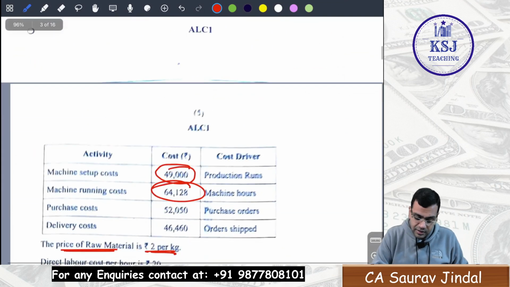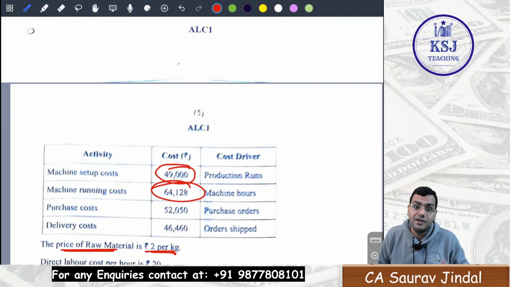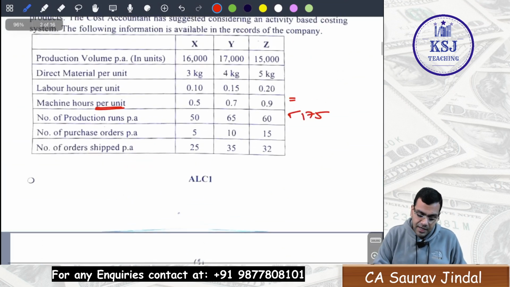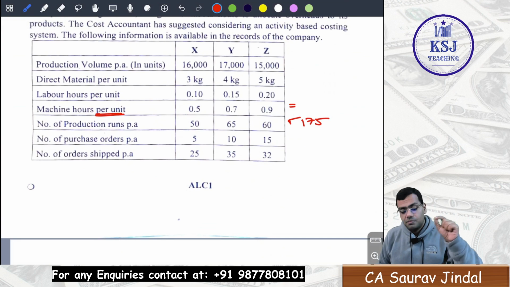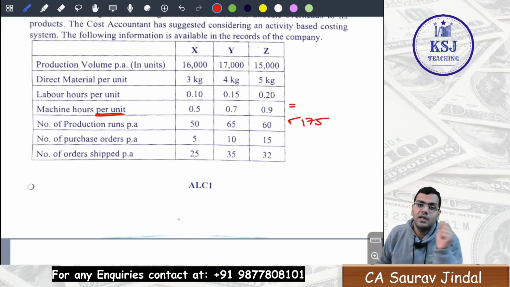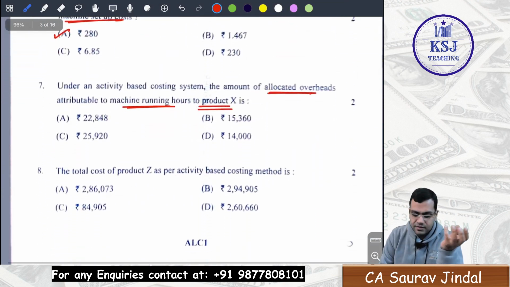Then machine running cost divided by total machine hours for all the units will give you the rate per hour. Then multiply it with the machine hours per unit, and you will get the right answer. These are the small things you have to be careful about. Otherwise it was not difficult.